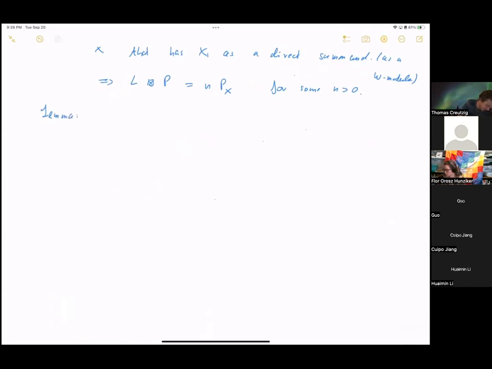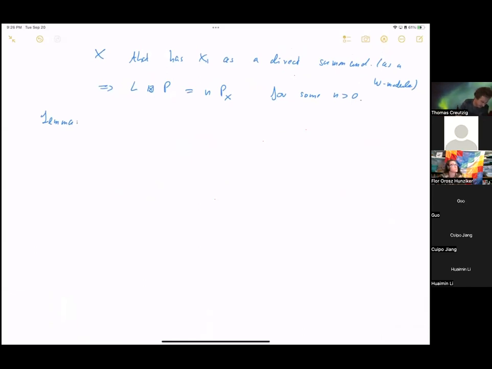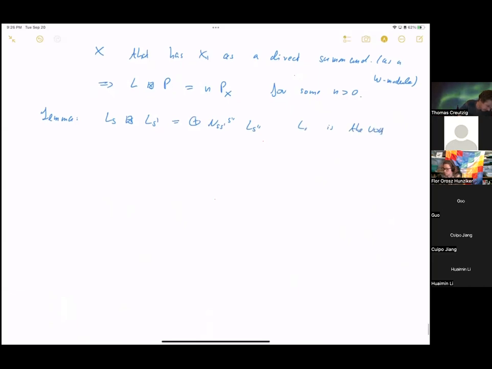So the second lemma is that n is equal to 1. So what do we have here? Assume we have the tensor category of our ordinary modules. That means we have the tensor product of modules, and L1 is the VOA, the tensor unit.